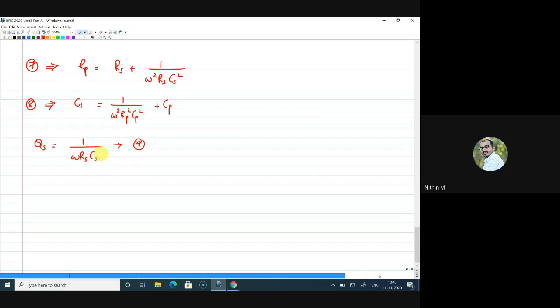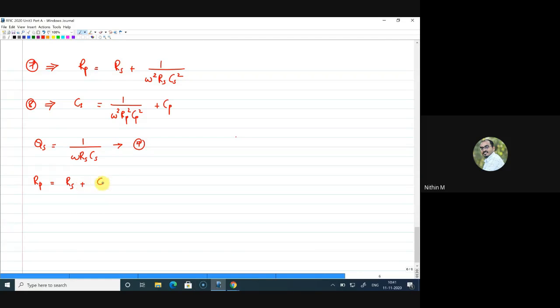If I insert Qs, one Rs is missing, so I have to give it to the numerator. I can write Rp is equal to Rs plus, in the denominator, 1 by omega Rs Cs is Qs. So 1 by omega Rs Cs the whole square is Qs square.